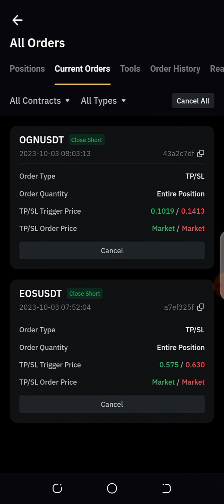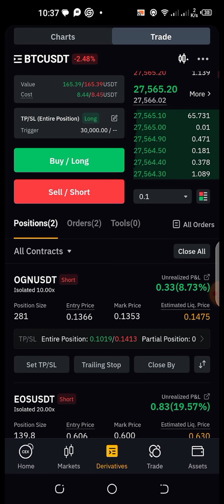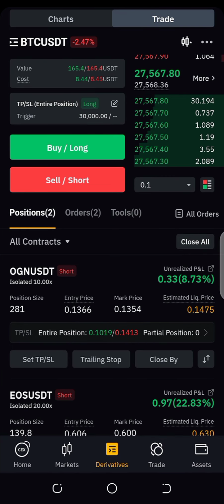The current orders are your take profit and your stop loss sections. Now we have a lot of options, the tools, order history. If you want to check the amount you are making, you click on what? Realized P and L. That is the place it shows you the amount of profit you have been making for some days. So guys, let's go back. All right, now some people don't know how to do this.